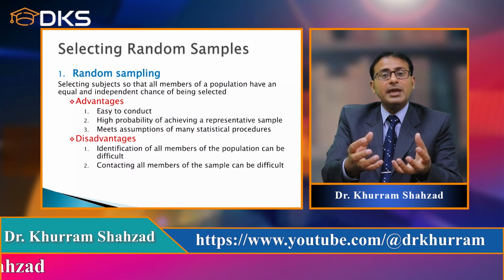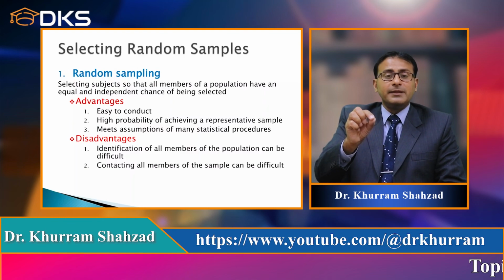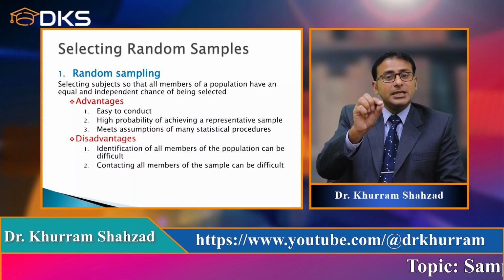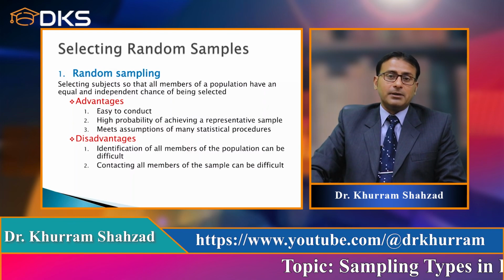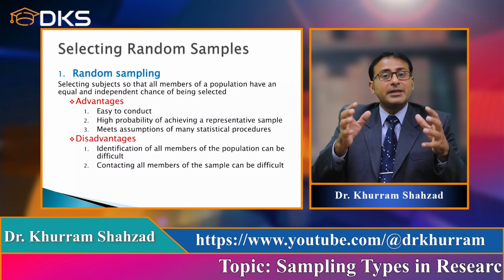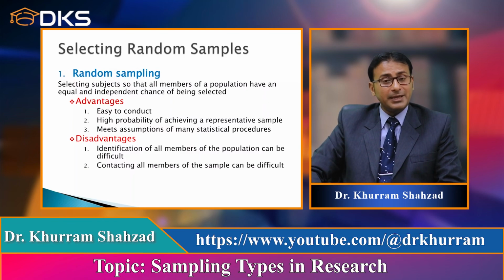In this way, we can go for random sampling. Random sampling means that every person in the population has an equal chance of being selected for the sample. So when all the people have an equal chance of getting selected, this is called the random sampling technique.